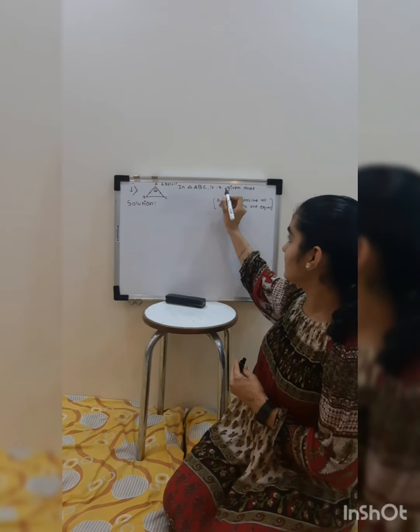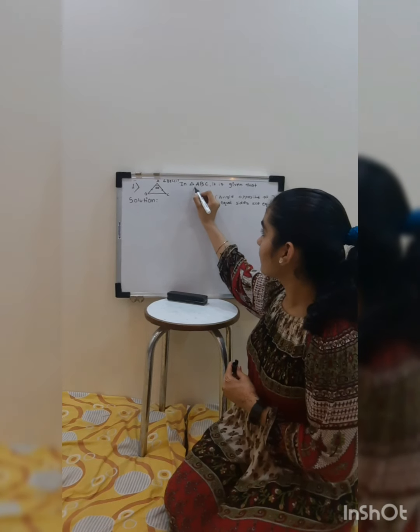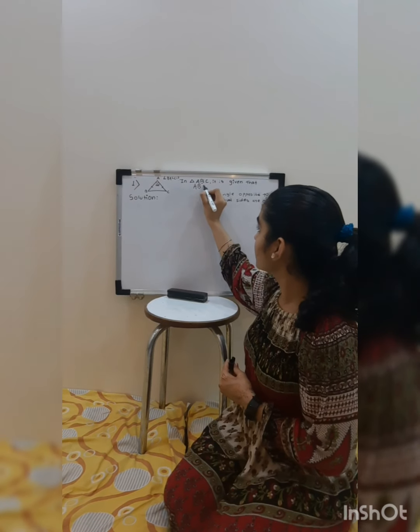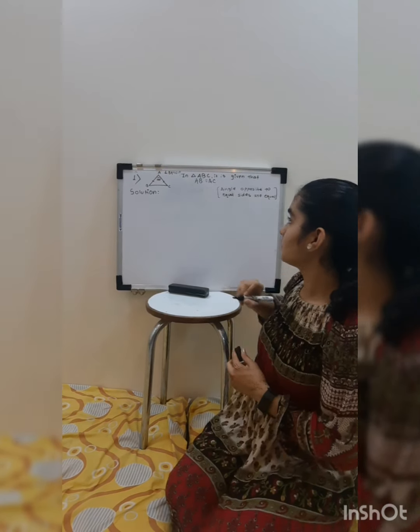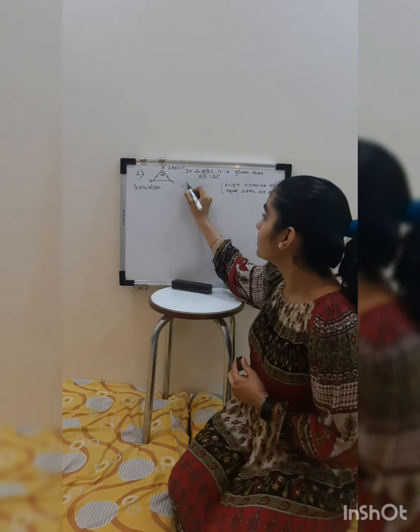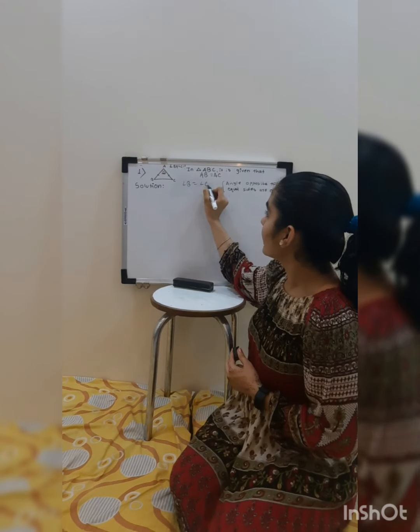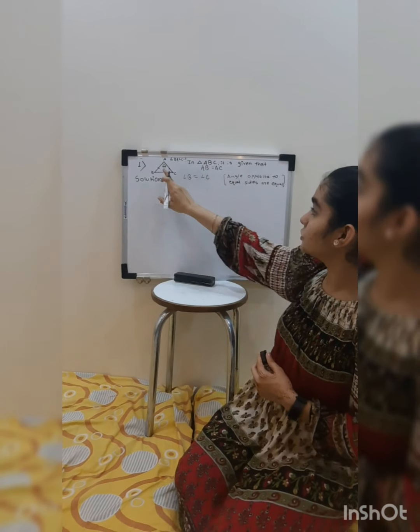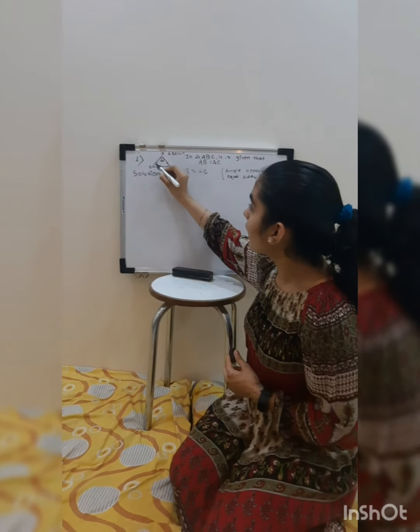In triangle ABC, it is given that AB equals AC. So we conclude that angle B is equal to angle C, because angles opposite to equal sides are equal.